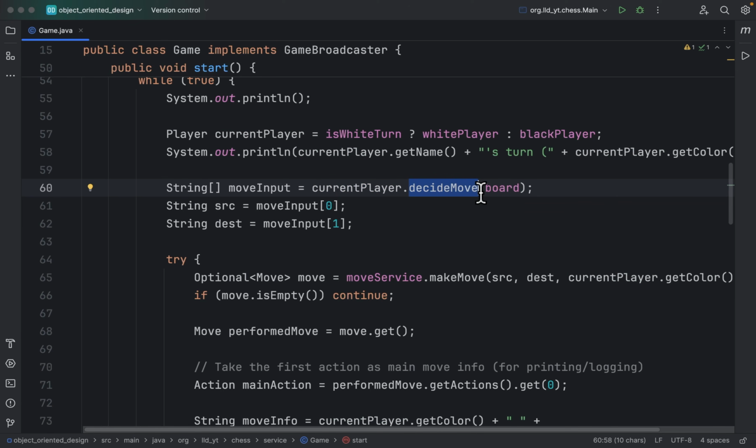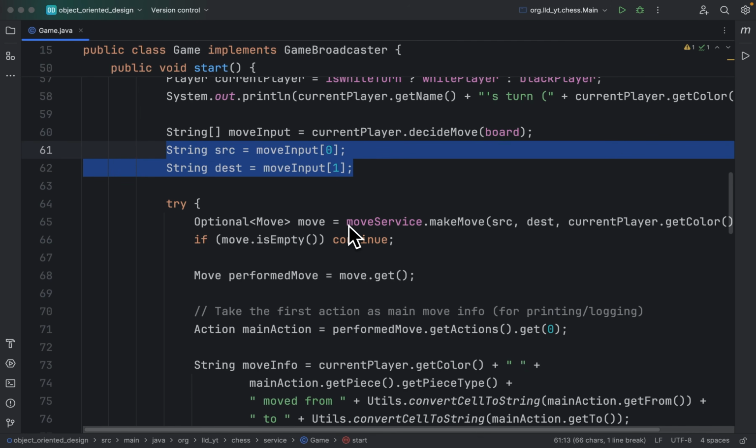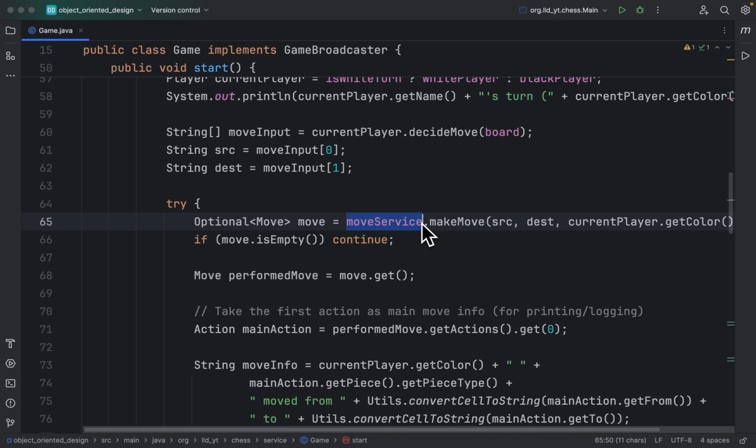If it is a human player, we would manually take the input, and if it is a bot player, it would randomly generate a source and a destination string. And finally, on the basis of the source and destination string, we would perform the move using the move service. If we were not able to perform the move, it means that it was invalid, and again the current player should get the chance.